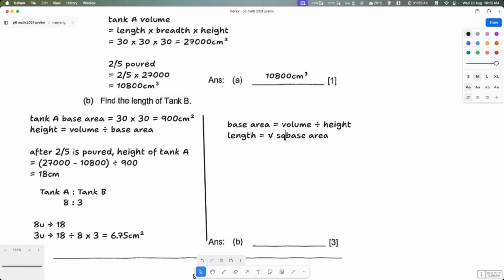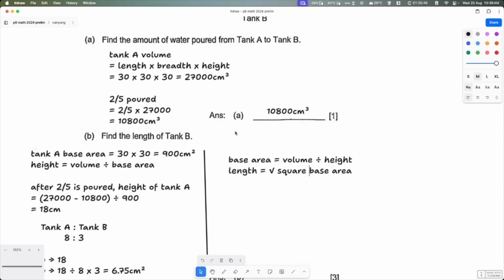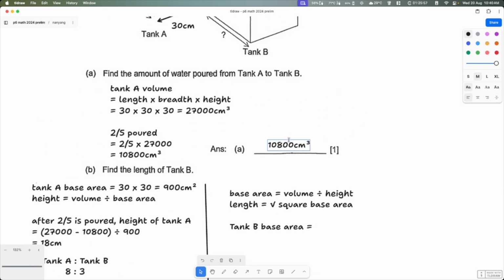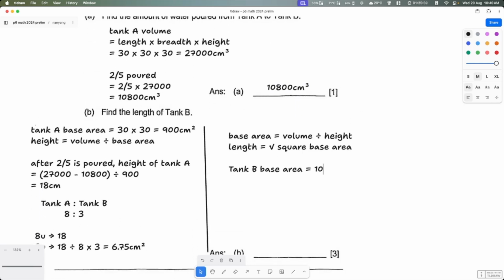That's how we get the length for tank B. So tank B base area is equal to the volume being poured out, 10,800, divided by 6.75.